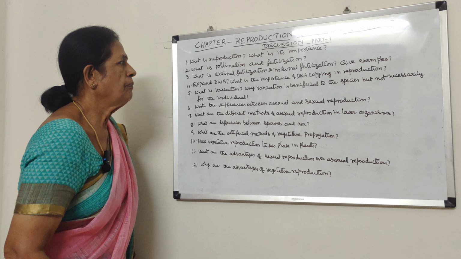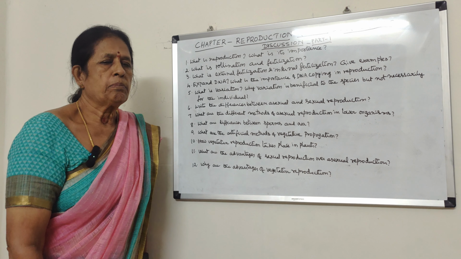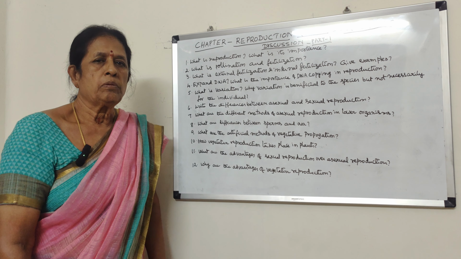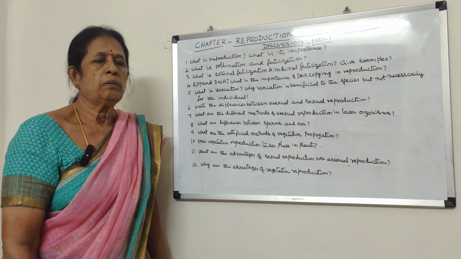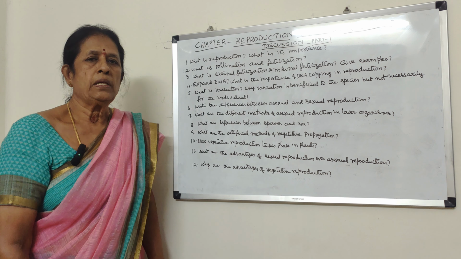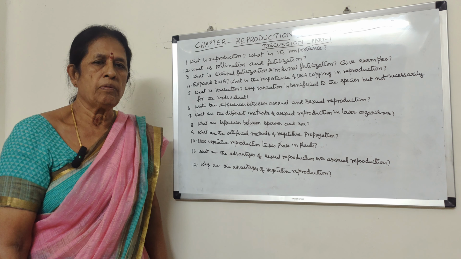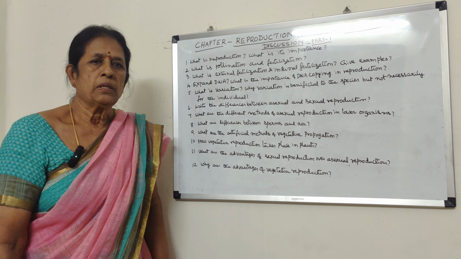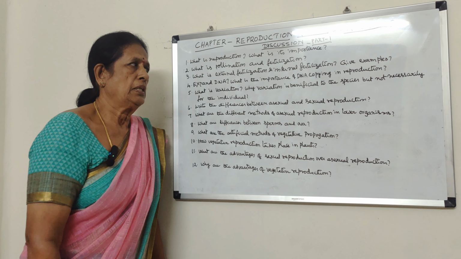And next we shall see what is pollination and fertilization. So in plants, pollination is the process where there is transfer of pollen grains to the stigma of the flower. That's called pollination. If the pollen grains are transferred to the stigma of the same flower, it is called self-pollination. If the pollen grains are transferred to the stigma of another flower of the same species, it is called cross-pollination.